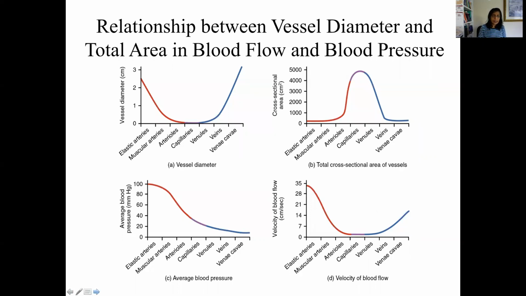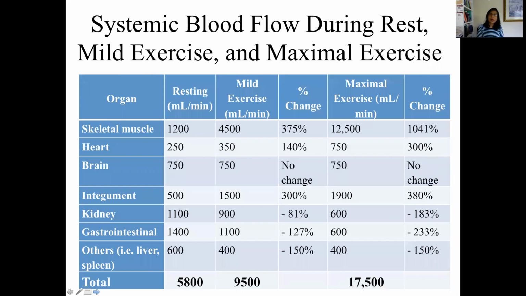Okay, with this, let's talk about some organs in the body and the amount of blood they receive during mild exercise and maximal exercise, and how blood flow is maintained steadily in certain parts, whereas in other parts it fluctuates depending upon the situation.